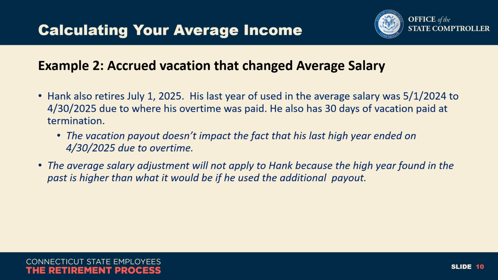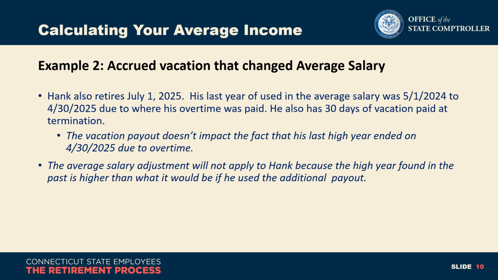Now, of course, there are other examples where the vacation adjustment will not apply. Let's talk about Hank. Hank also retired July 1st, but the most recent year of his 3 high years was May 1st of the previous year, ending April 30th of the year he retired. He's also getting 30 days of vacation time paid to him.